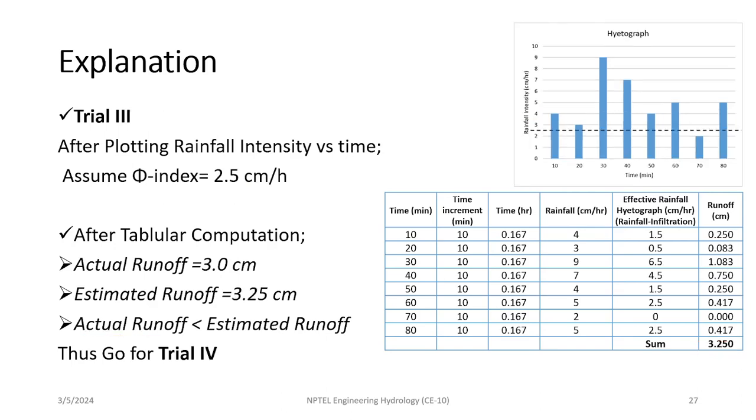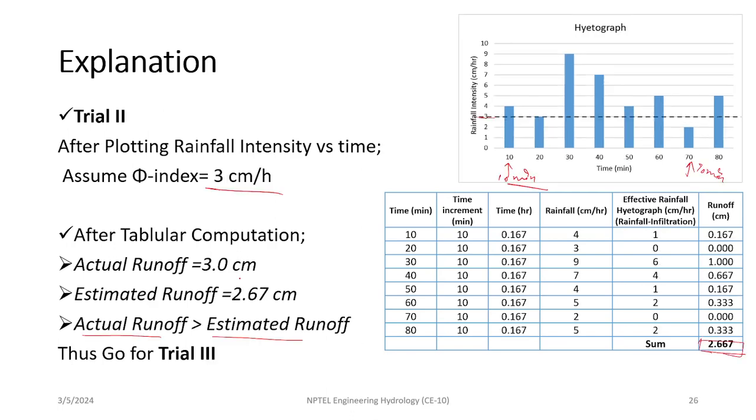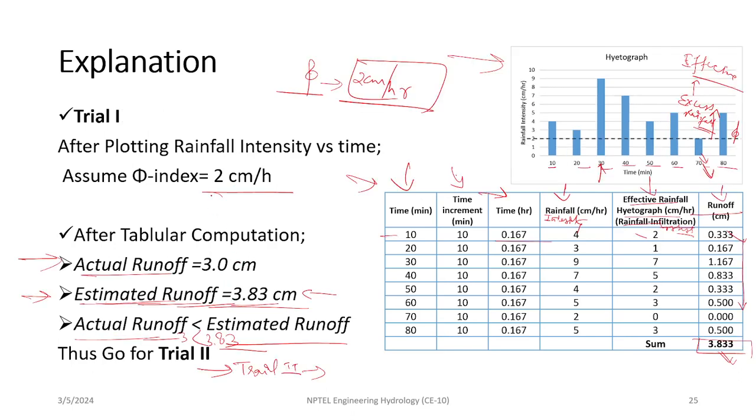Okay, good. So now, as you mentioned, Ashish, we are getting a lower value in one case, 2.67 when we consider 3 centimeter, and when we consider 2 centimeter, we get a higher value, 3.83. So what should be your logic now?